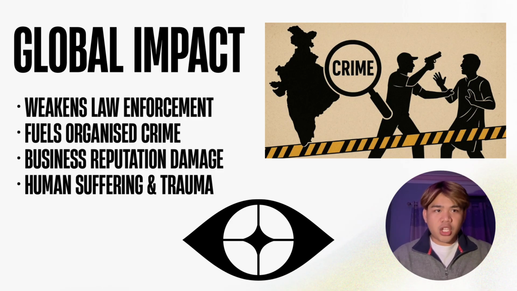For society, the human cost is devastating. Victims suffer physical abuse, psychological trauma, and long-term emotional damage. Families and communities are also affected, making modern slavery not only a crime problem, but a serious social problem.